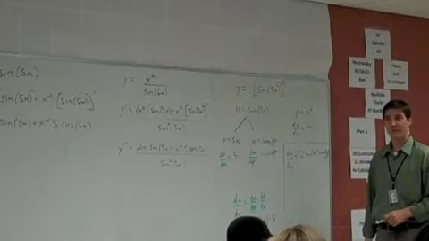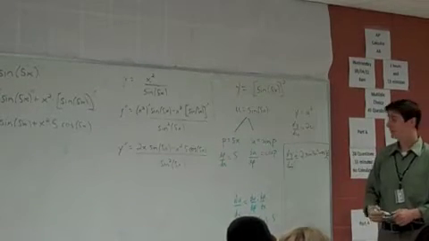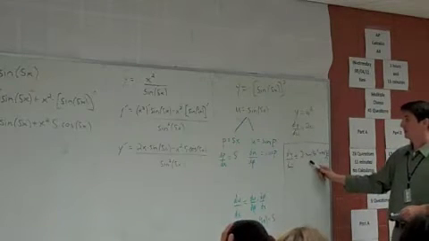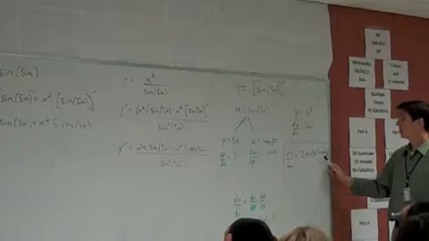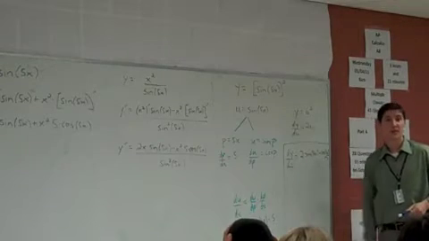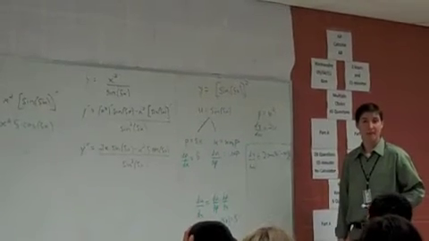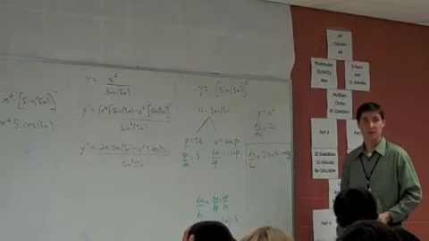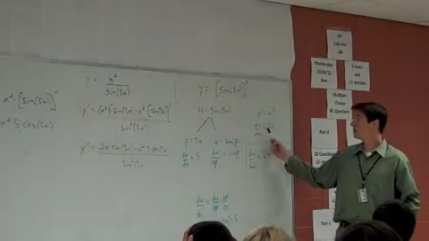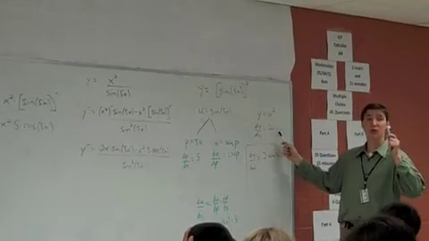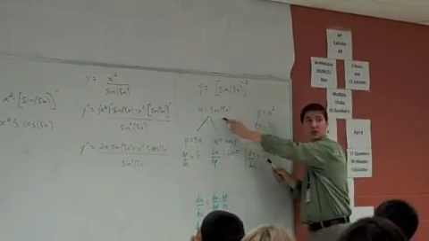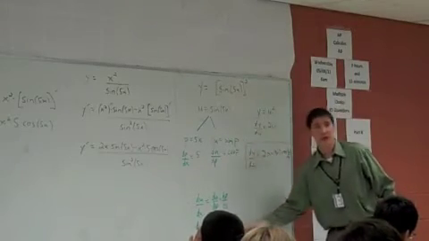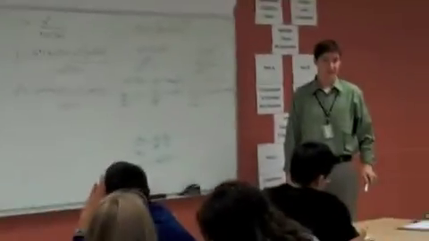So the derivative is 2 sine of 5x times cosine of 5x times 5. Now that stunk. dy du is 2u, or 2 times this. du dx was this whole thing, cos 5x times 5.